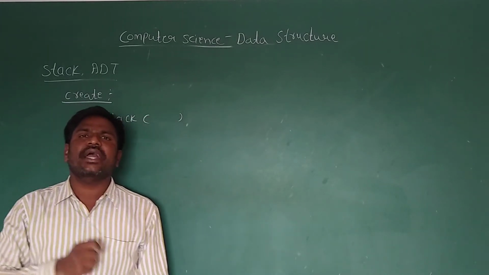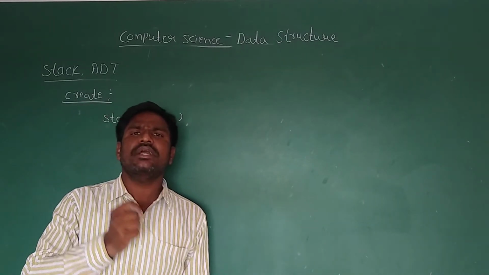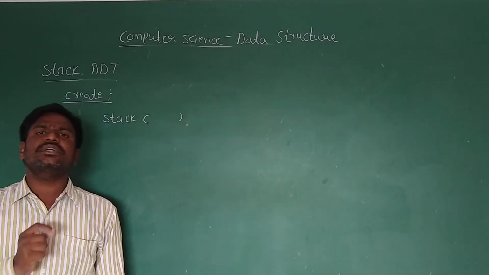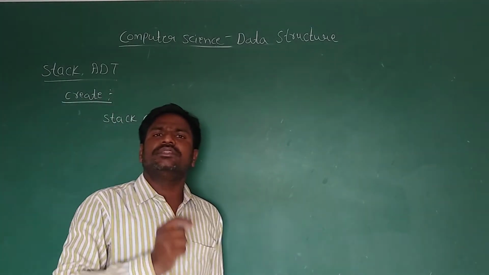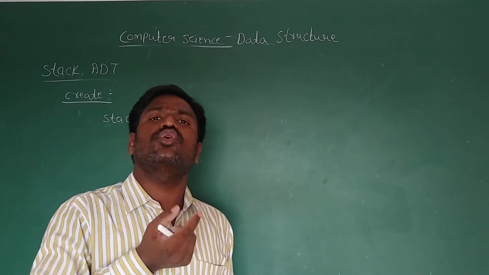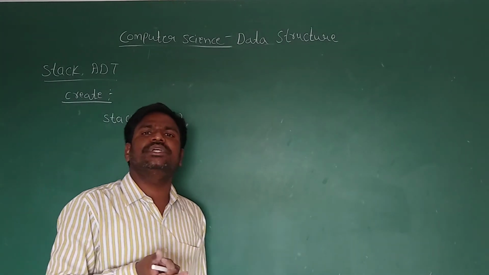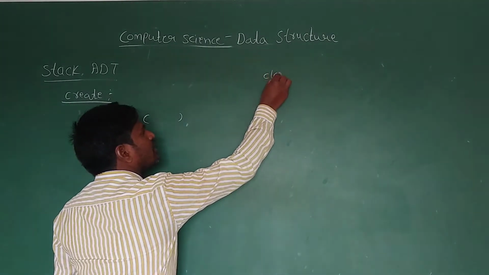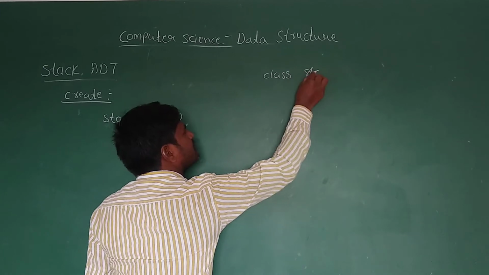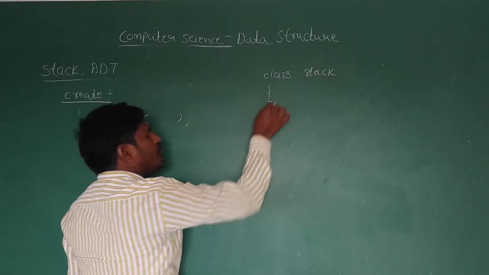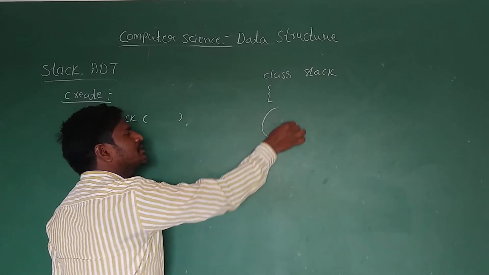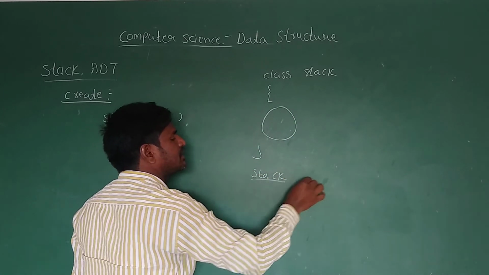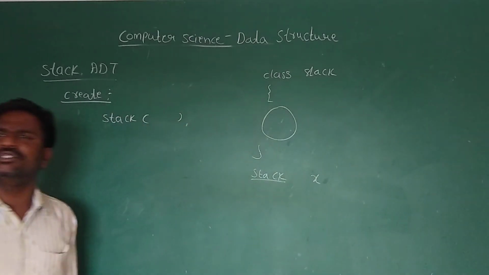Why do we have to use the stack constructor? What do we mean by constructor? We have studied in C++ that a constructor is a special member method that will be invoked automatically when an object of that class is created. So we have a class called stack. Whenever we want to perform operations on the stack, we have to create an object for this class. Say, for example, X is the object.